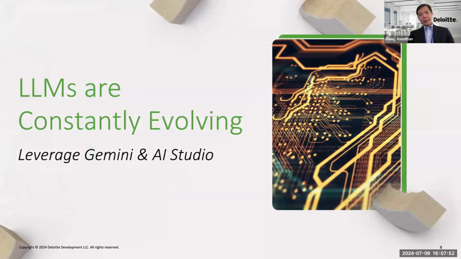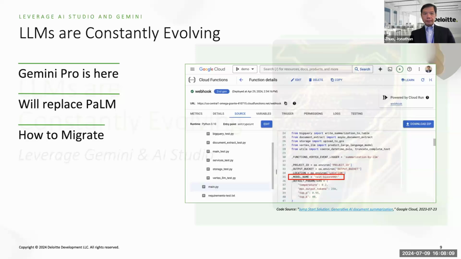Since large language models are constantly evolving, how can we leverage tools that seamlessly integrate with the latest LLM advancements, ensuring we leverage the most up-to-date capabilities without requiring much effort? Here's what I did.